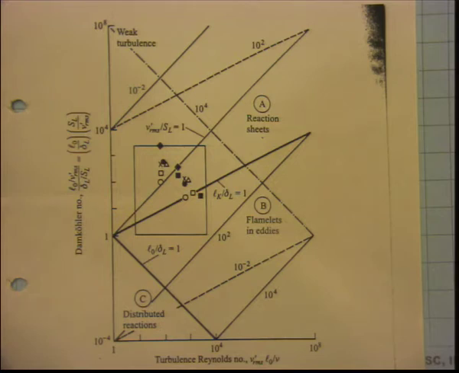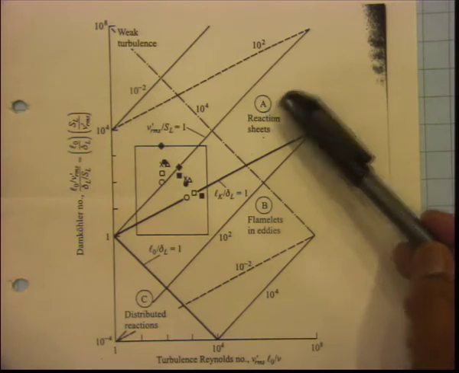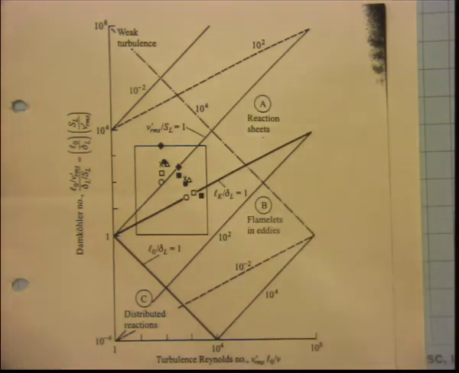You also see that different regimes are marked. For example, you have A, which is above this solid line. Above this solid line, you get reaction sheets. In this plot it is written reaction sheets, but what is actually meant is the wrinkled reaction sheet regime. What was the wrinkled reaction sheet regime? Delta L less than Lk, isn't it?